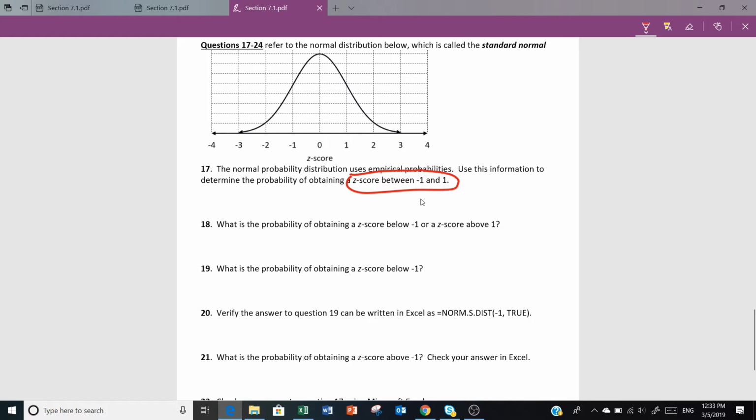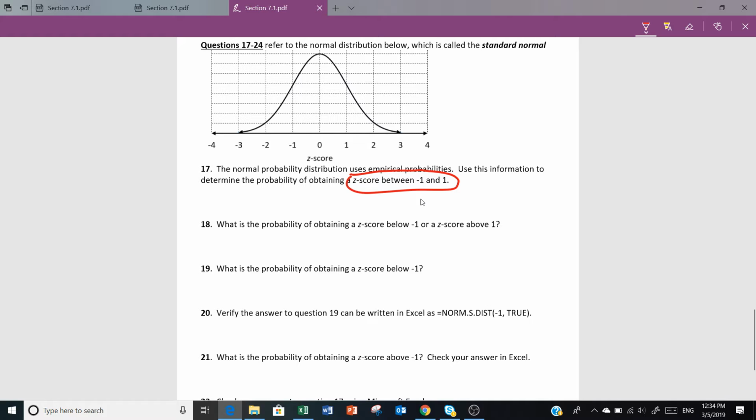And then we check our answer. That's just the negative version of that. So it's 0.84 minus 0.15. We're done.